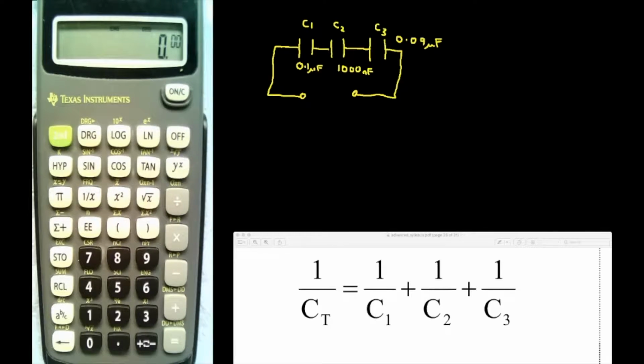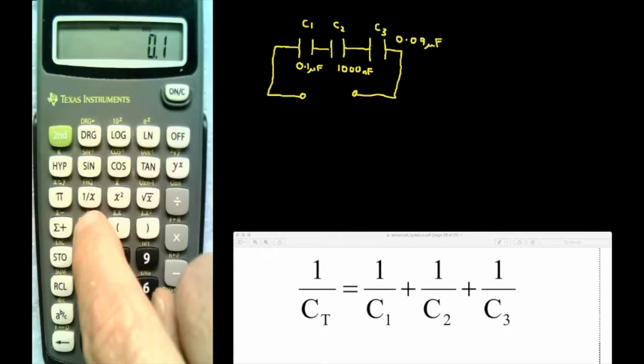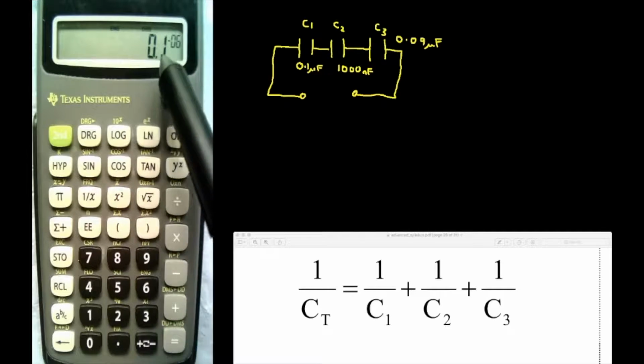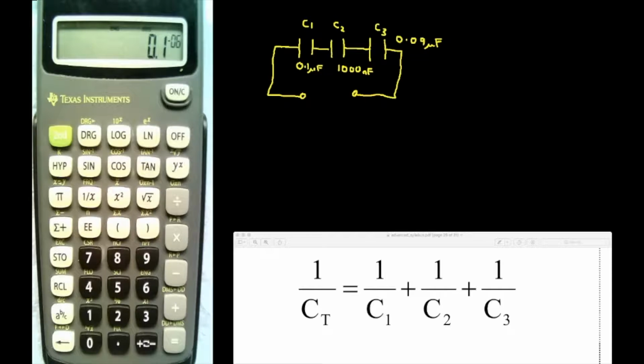Let's do C1 first. So C1 we can say is 0.1 EE 6, change sign. And you can see I've got 0.1 times 10 to the minus 6 microfarads.